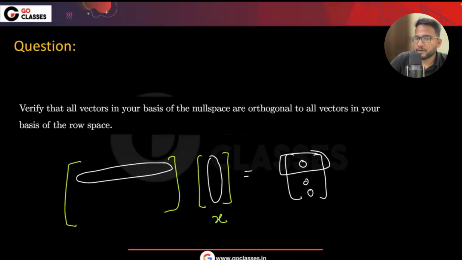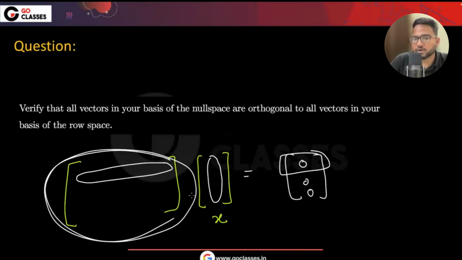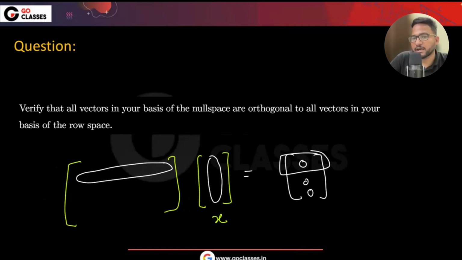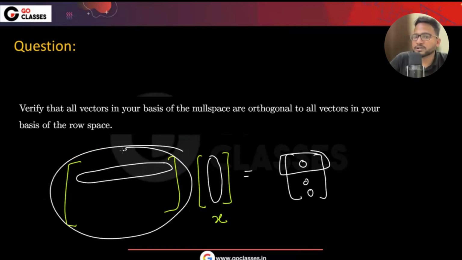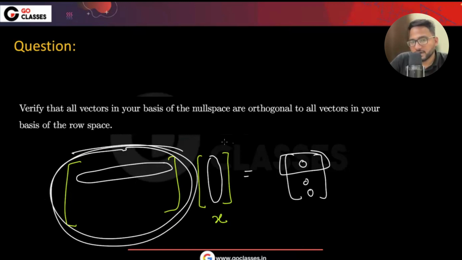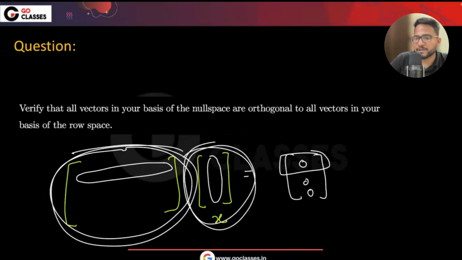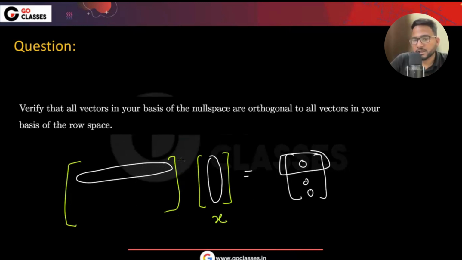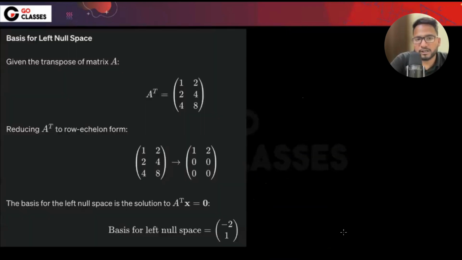Even if you write the basis vectors, that is, if you have the reduced form, then you directly have the basis vectors here, and it is still true. You have the reduced form here, and you have something from the null space, and these are orthogonal. So the row space and the null space are orthogonal to each other. Let me show you from the examples that we have done: row and null space.